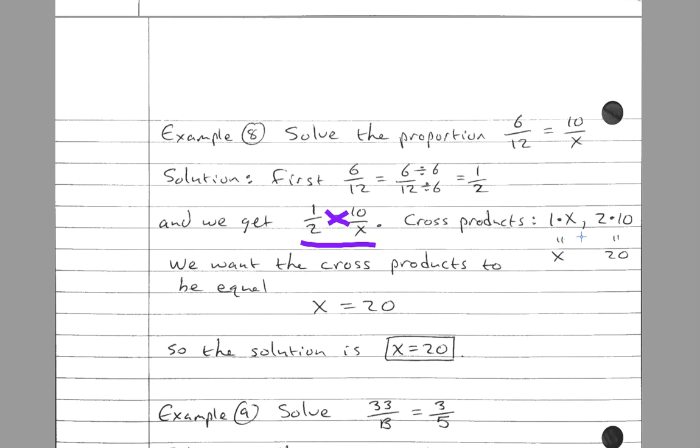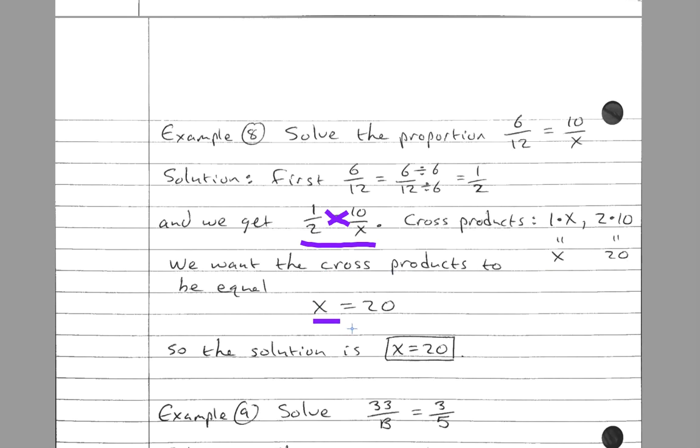So 1 times x, well, 1 times anything is just that same thing, x. If x was 17, 1 times 17 is 17, so multiplying x by 1, we just get x. 2 times 10 is 20.